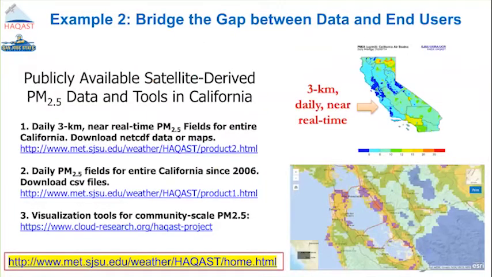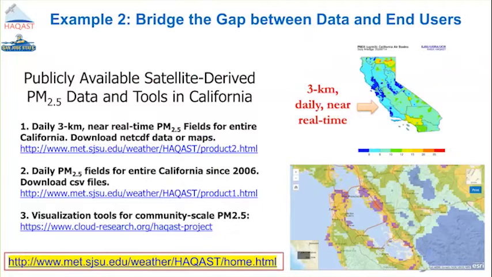Now, the second example is that the HAQAST team has an advantage of bridging the gap between data and end users. This is one thing I learned in my 4 years with the HAQAST team, that we constantly talk with our stakeholder collaborators, and sometimes we are inspired by the type of questions they ask.